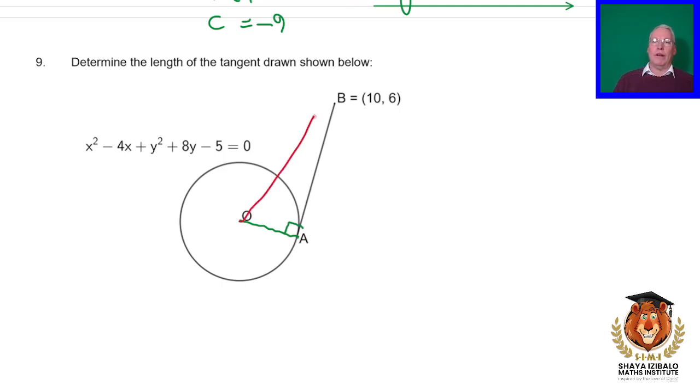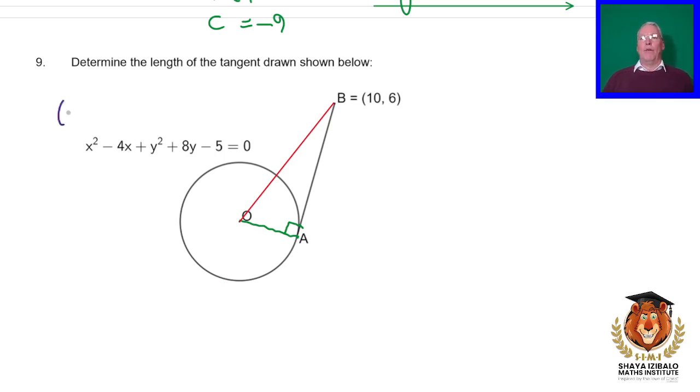Then we are going to work out this distance, and then we can use Pythagoras.